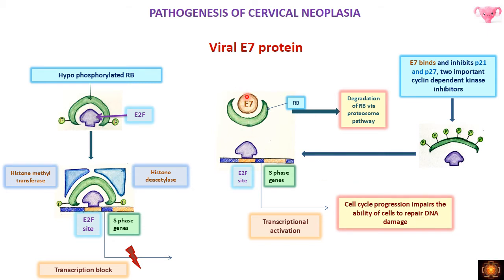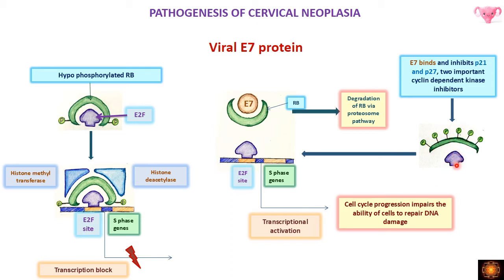Similarly, as I told you, it also combines with the P21 and P27. These are cyclin dependent kinase inhibitors. So if these are normally functioning, they keep the RB in the hypophosphorylated state. But when these two substances are inhibited, then the RB is hyperphosphorylated. Once it is hyperphosphorylated, it releases the E2F from the complex.